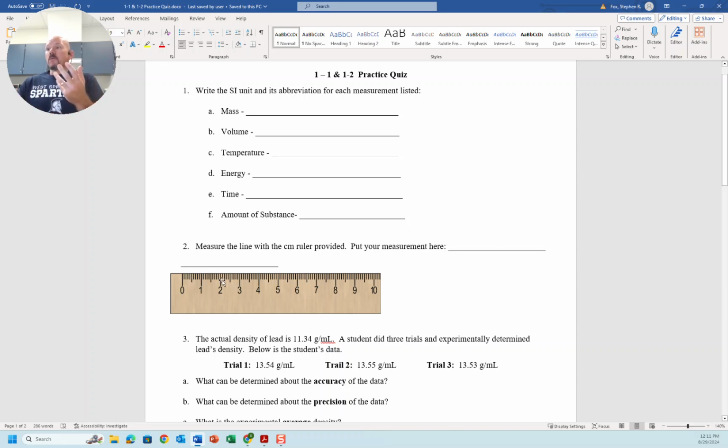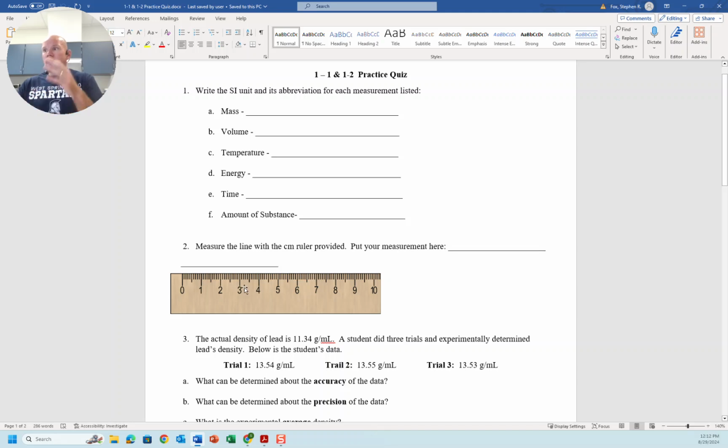The first thing you're going to want to do is figure out how many decimal places you're allowed to round to. Am I allowed 0 decimal places, 1 decimal place, 2? Usually it's, can I estimate to the tenths place, or can I estimate to the hundredths place? Especially in this class, that's really going to be the question. And the way you figure that out is, don't look at the thing you're measuring, like this line right here.